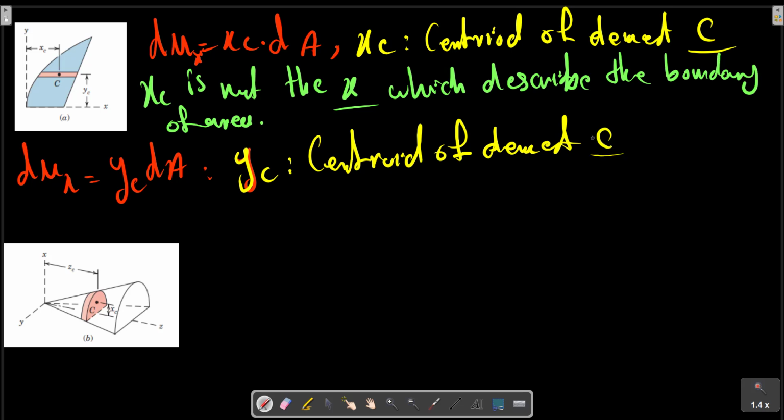As a second example, consider the half cone of the picture here.